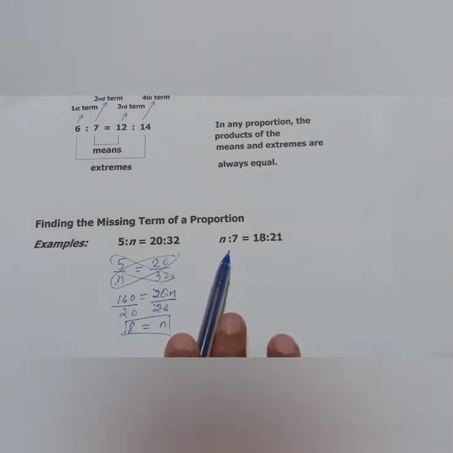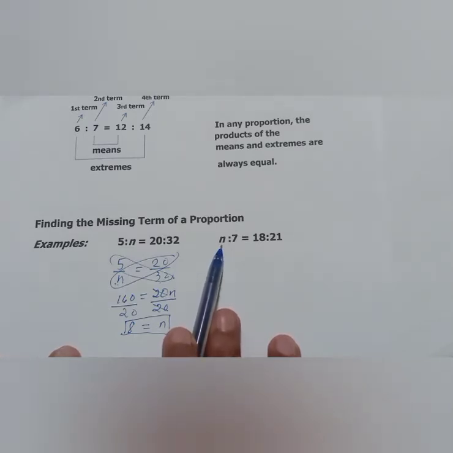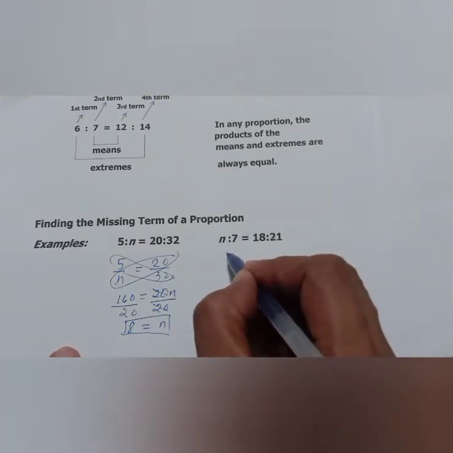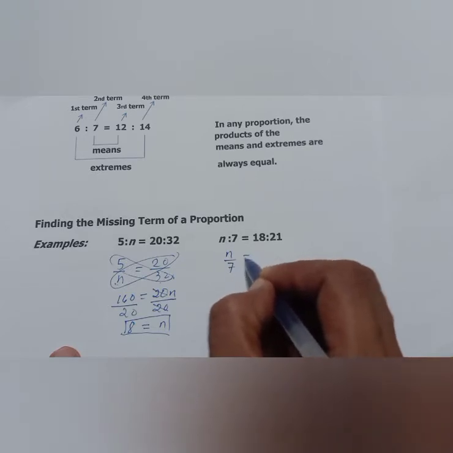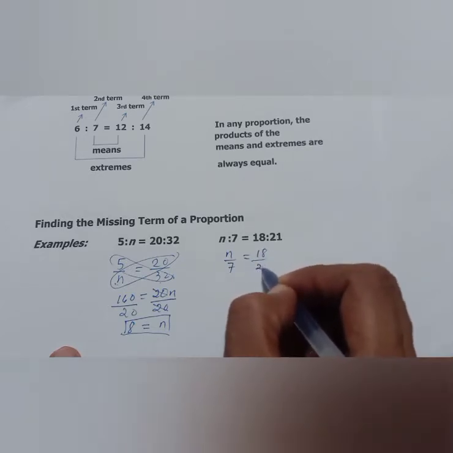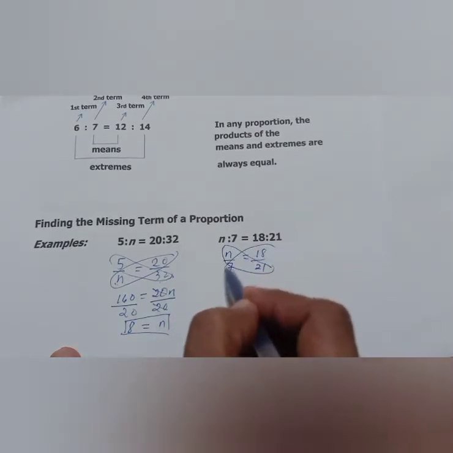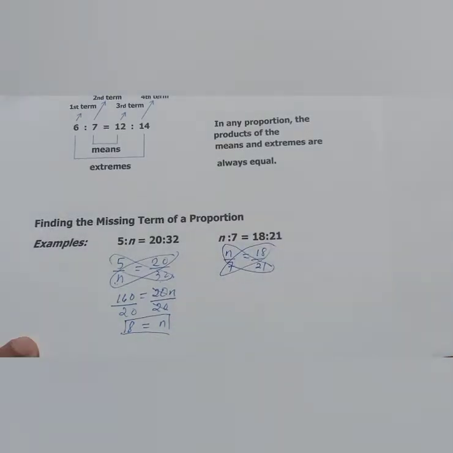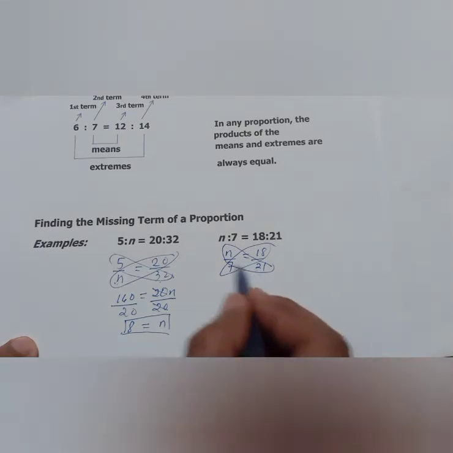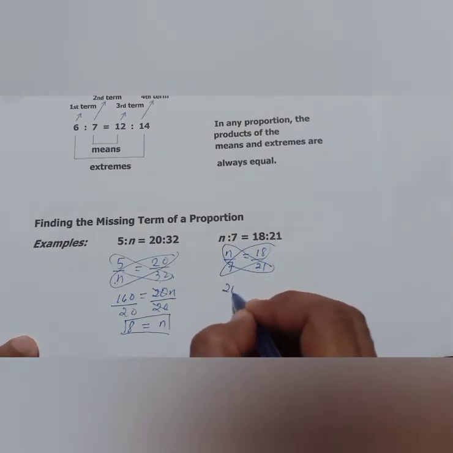Okay, let's have the second example here. This time the missing is the first term. So let's change first this to fraction. Then let's cross multiply. So if we multiply 21 times n, it's simply 21n.